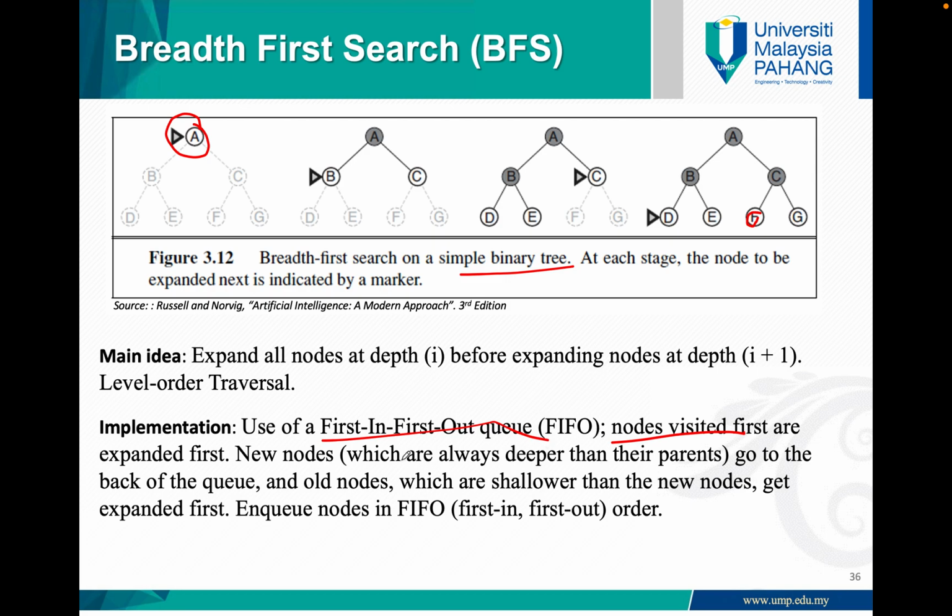So new nodes, which are always deeper than their parents, go to the back of the queue. And old nodes, which are shallower than the new nodes, get expanded first.